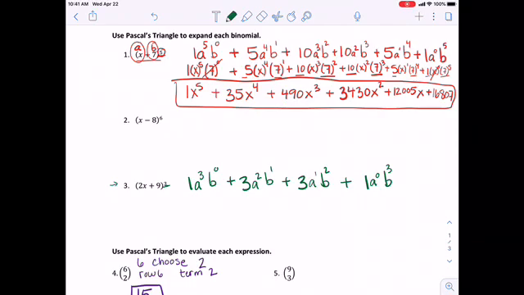Well, now if I look at this problem, I notice that my A is a 2x and my B is a 9.